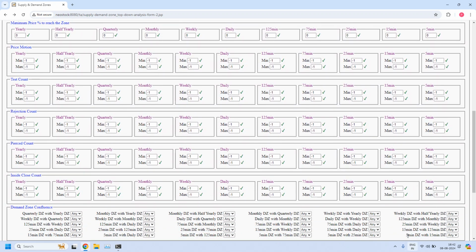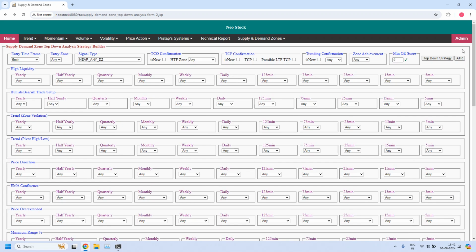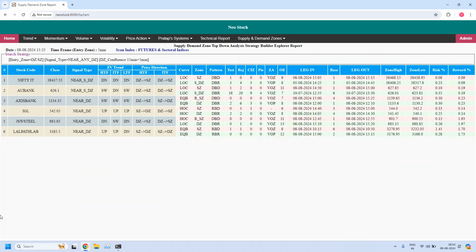Demand zone confluence, 5 minutes demand zone with 15 minutes demand zone is the ITF confluence. So 6 stocks are having ITF confluence. Out of these 6, again, how many are having confluence with HTF demand zone?